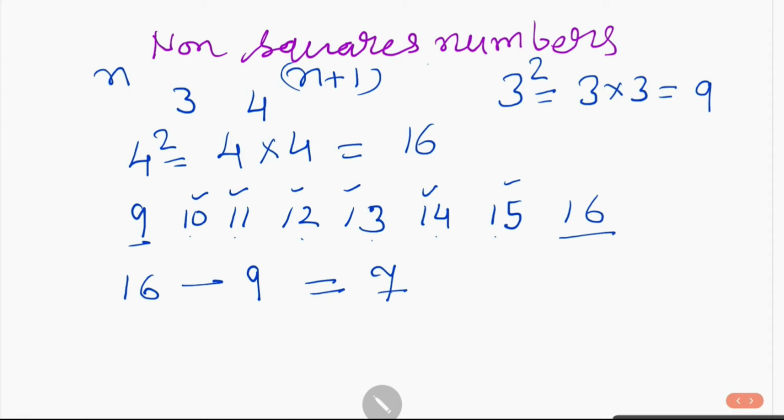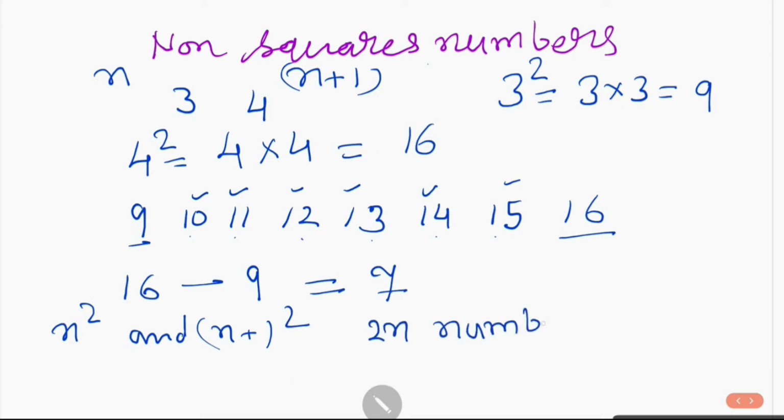Always, between n square and n plus 1 square, there are 2n non-square numbers. Here n is the first given number whose square we are taking. Like, we have taken 3 as n, and n plus 1 is 4.